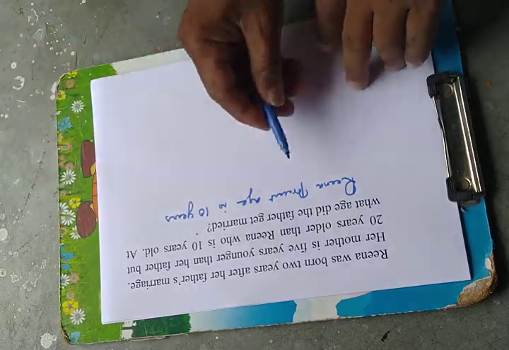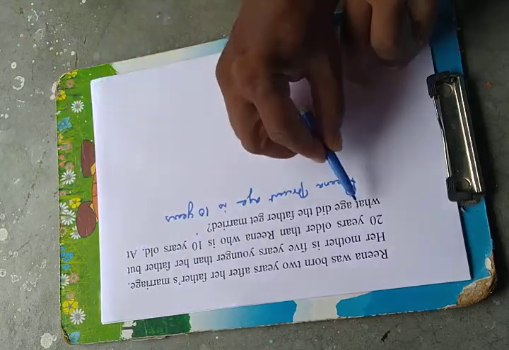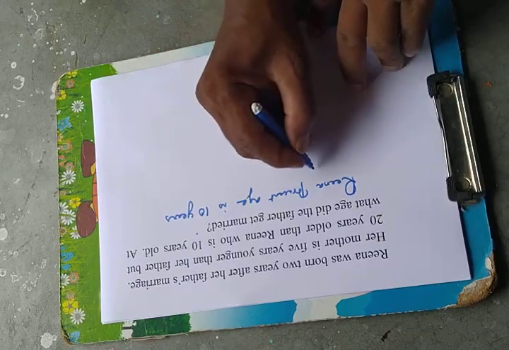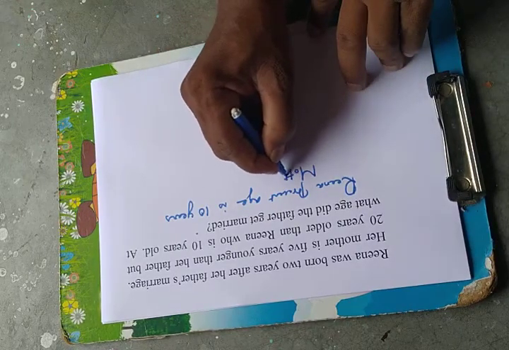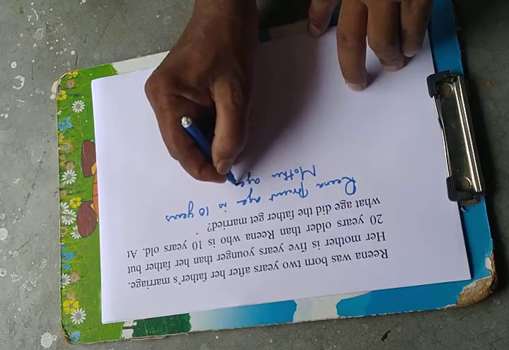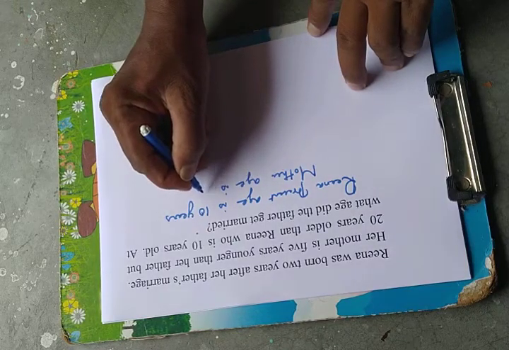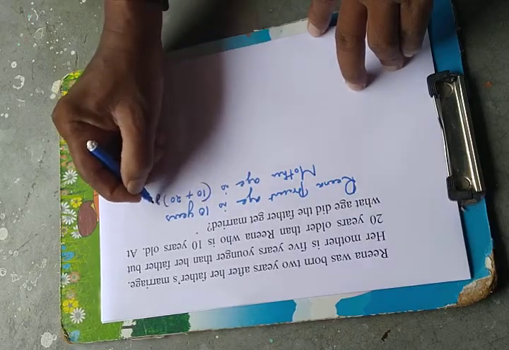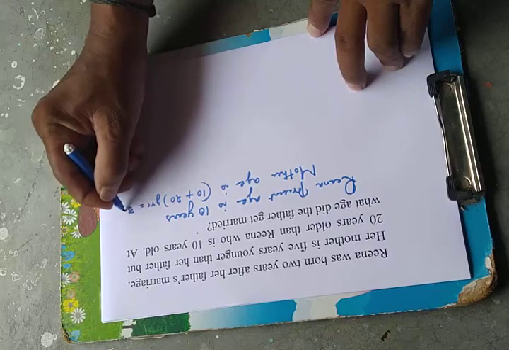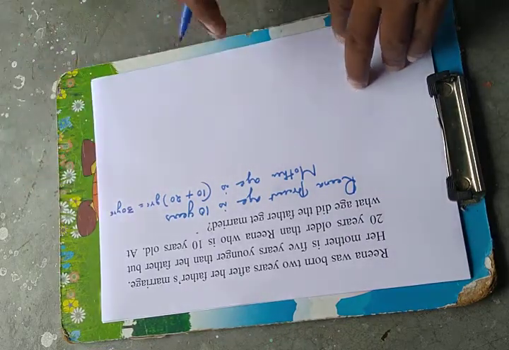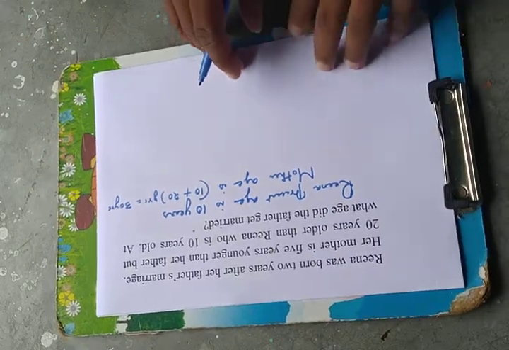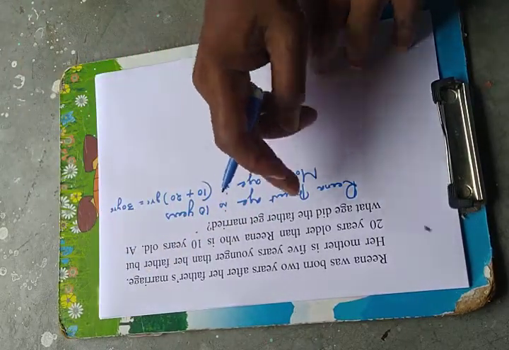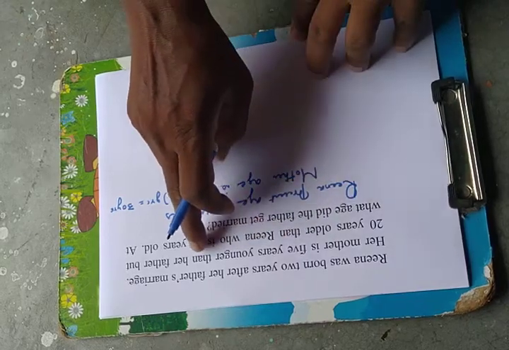And also they have given that her mother is 20 years older than Reena. Therefore the mother's age will be 10 plus 20, that will be 30 years. Our mother's age is 30 years. And here they are comparing the mother's age with the father's age. The comparison says very clearly, her mother is 5 years younger than her father.